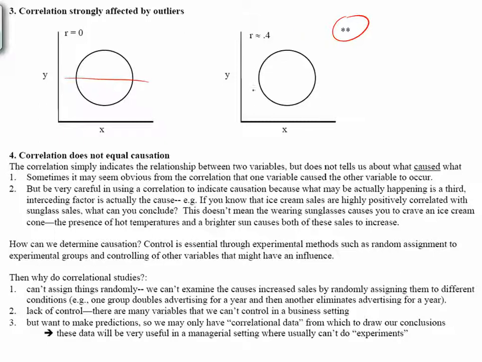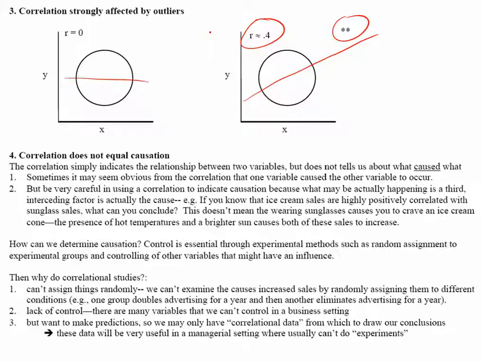And so what's happening is it's going to actually create a relationship where most likely a relationship doesn't exist. So we have these two outliers that tend to pull that R, the correlation coefficient, up. And if we were to omit those two, we wouldn't see that same relationship.